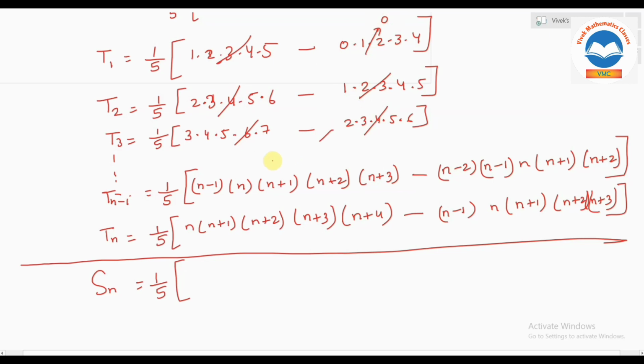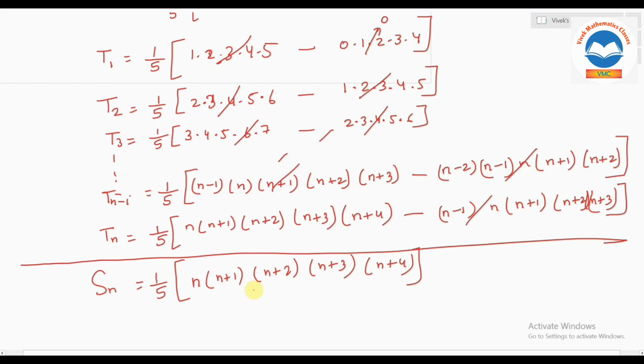Similarly, all of these will be cancelled out, and this also will be cancelled out with the one before. So what we are getting is n into n plus 1 into n plus 2, n plus 3 and n plus 4. That's all. So this will be our Sn.